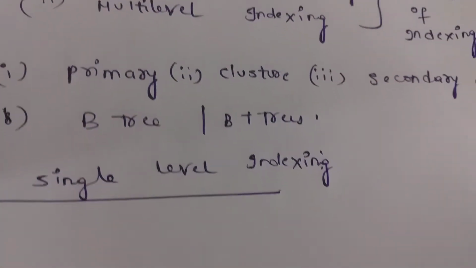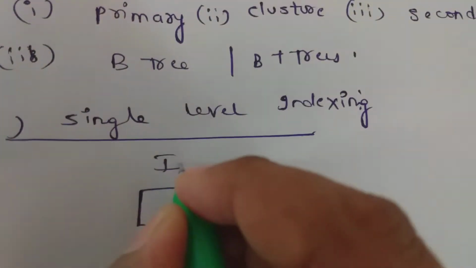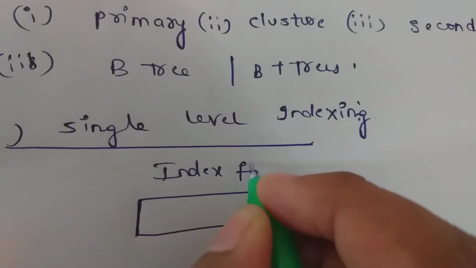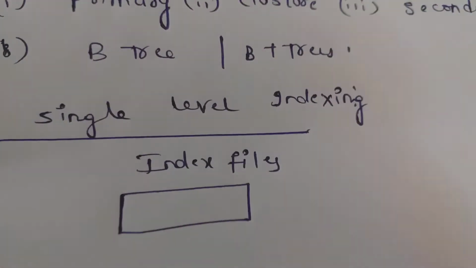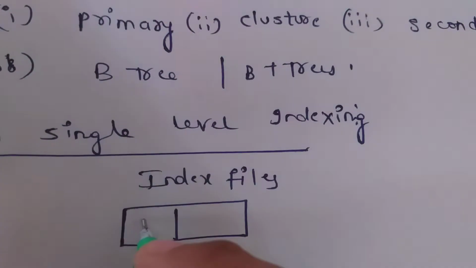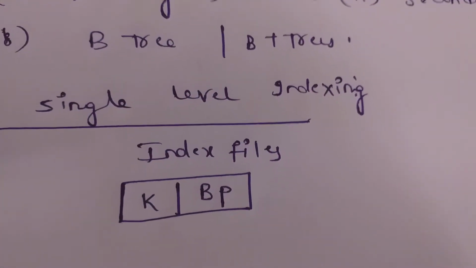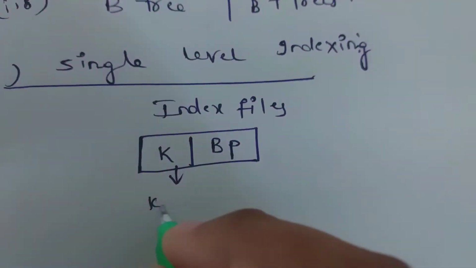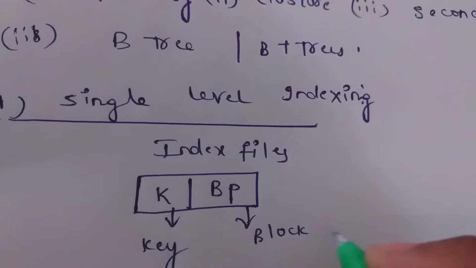We take some index file. This is the index file. The first part is the K and the second part is the BP. K means key and BP means block pointer.